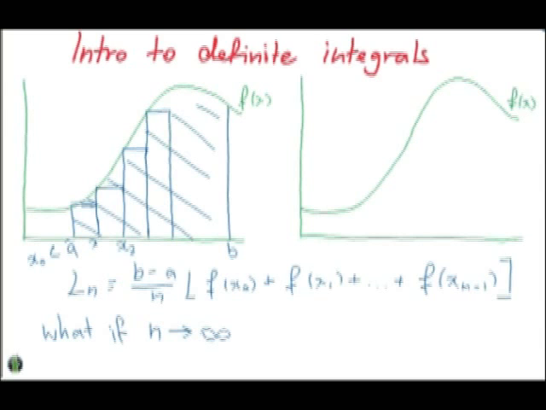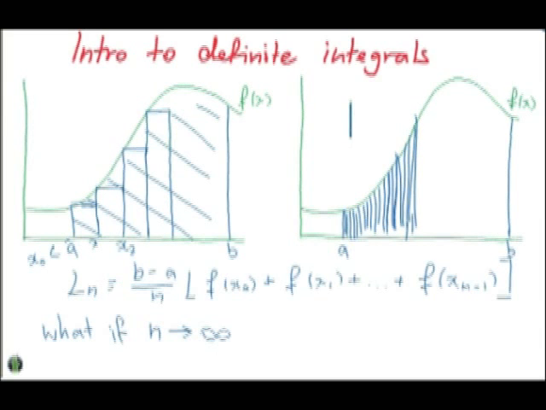If you had infinite strips, they'd be infinitely thin, right? So I'm going to try to get this happening on the right. Your strips will just look like this, and so on. And you'll see that if your strips are only this wide, your estimate is going to be pretty accurate.